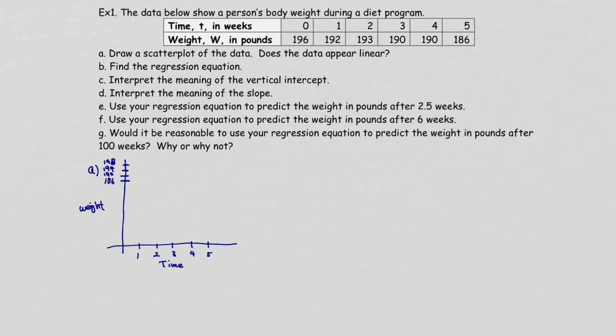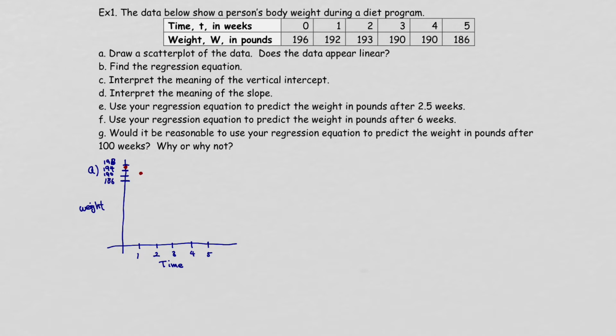And what we're going to do is plot all this data. So when it's 0, it was 196. 196 should be somewhere between 194 and 198. So when I mark it, it will be somewhere here in between. And when it's 1, it will be 192. So that's going to be between 190 and 194, somewhere right here.